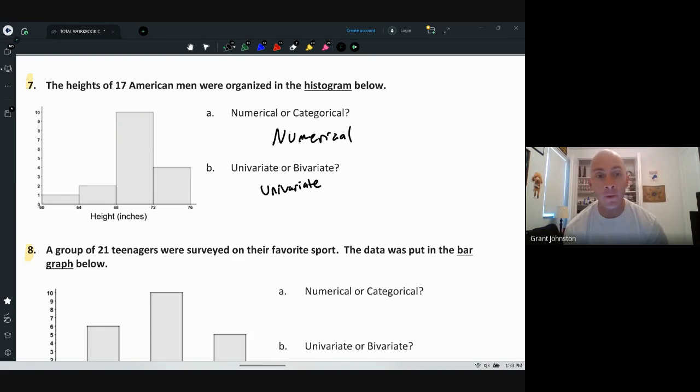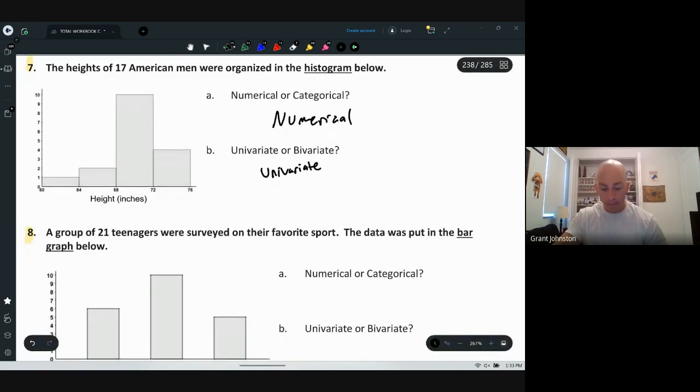The only variable we have is height in inches. This is just the counts. So all histograms, keep this in mind, all histograms are numerical univariate.